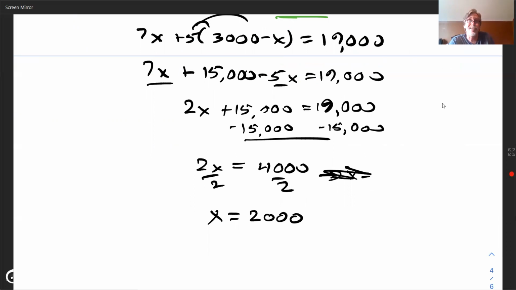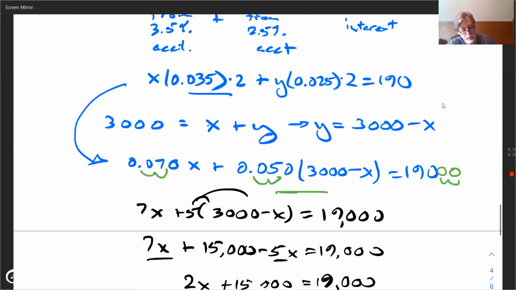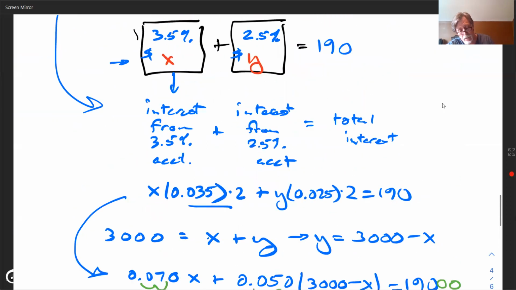Okay, so we did something. Let's see what we found out. X is what she invested at 3.5%. Apparently she invested $2,000 there. And she had a total of 3,000 to play with. So we have our answers.